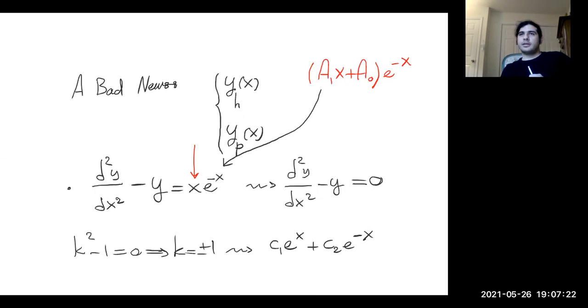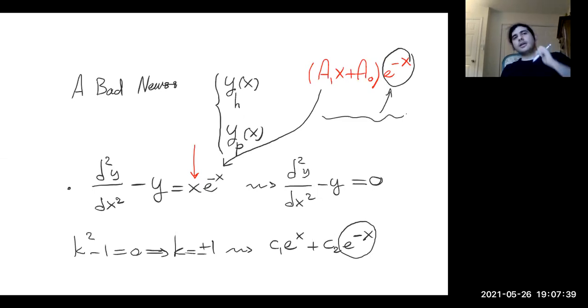right? But the point is that here we have e to the minus x, and we also had e to the minus x in the homogeneous solution. If the final solution we find has a term like e to the minus x, which does satisfy the homogeneous part of the equation, then the idea we had breaks down.